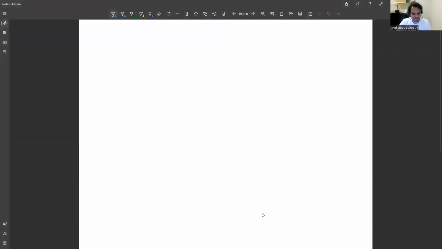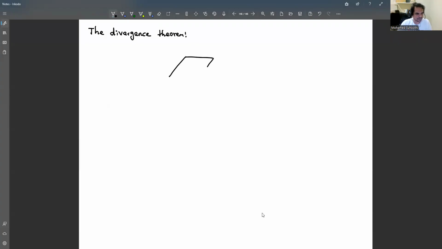So today we are going to start the divergence theorem, one of the important theorems in mathematics, vector calculus especially. To understand this one, let me take a differential element.